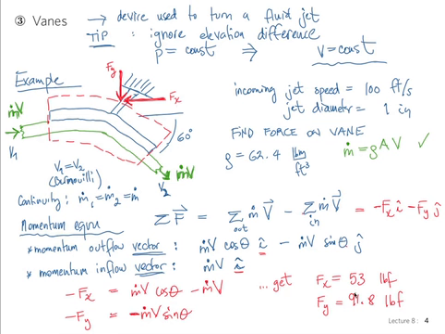The answer gave me a positive sign, so it means that the arrows that I drew are correct as the force on the control volume. And so the control volume is not moving, therefore there's an equal and opposite force on that little bar that is holding the vane in place. Like we did for the rocket, we had the same situation.